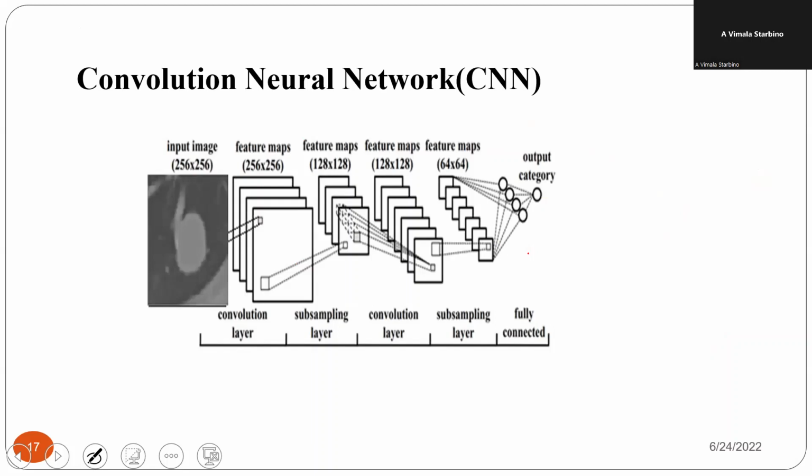Okay. So when compared to others, SVM and other methods, first noise will be there, then removal of noise, next segmentation. After segmentation, feature extraction. Okay, but in convolution neural network, we have to give only the image.